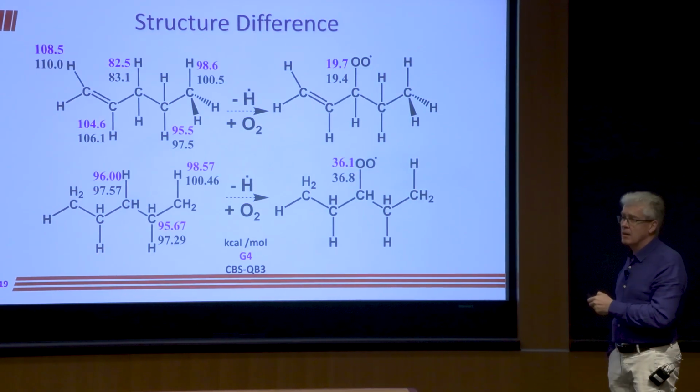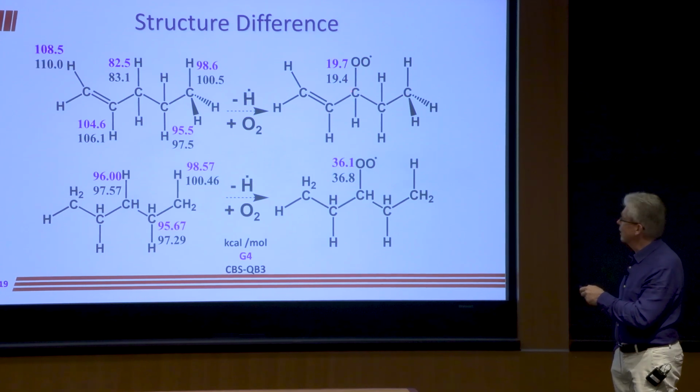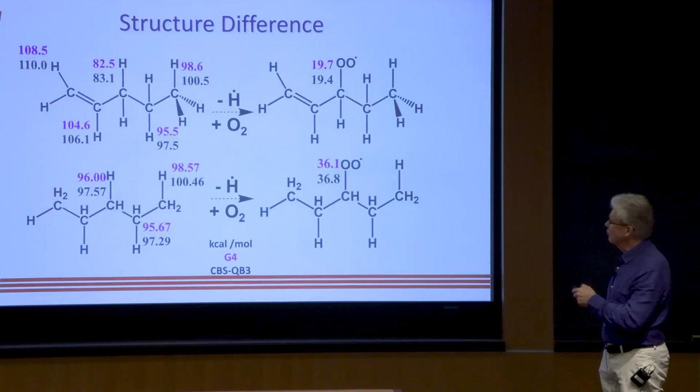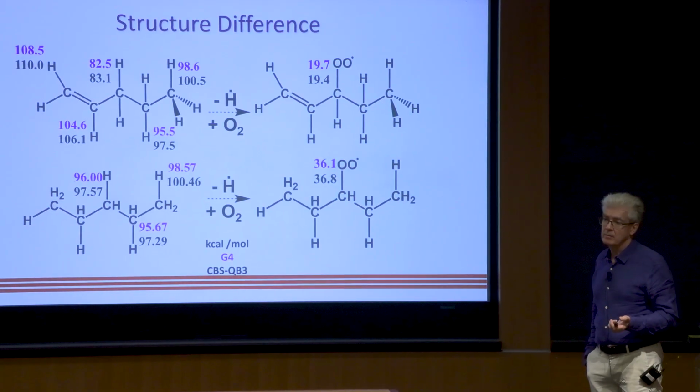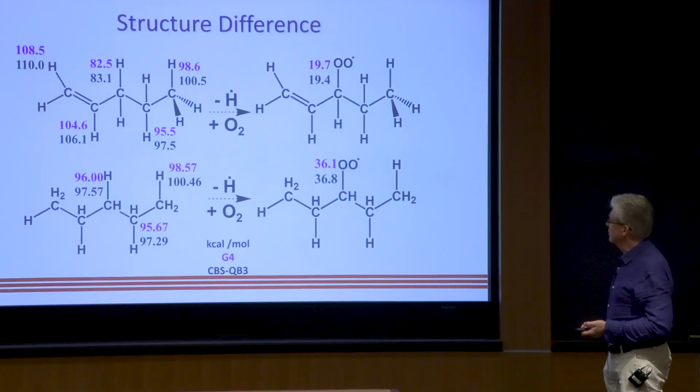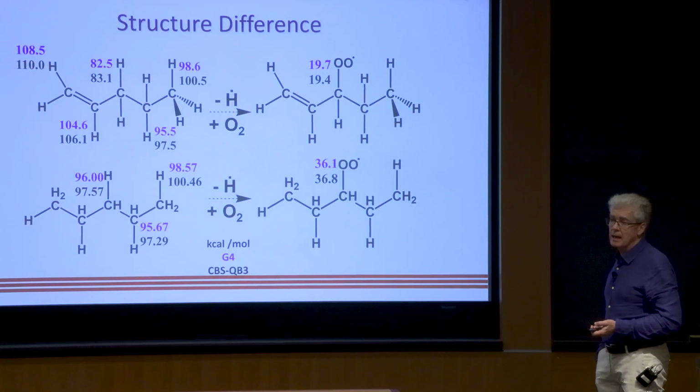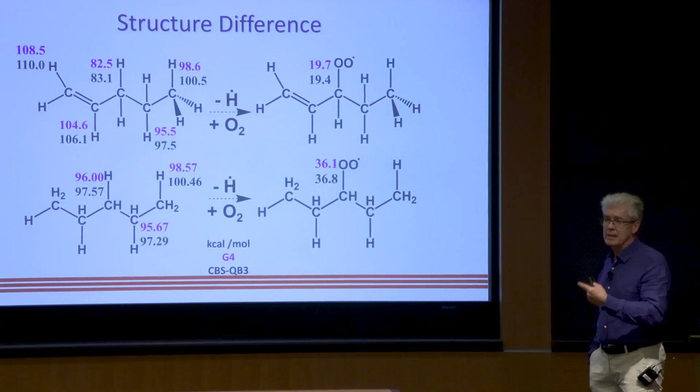But in the case of the allylic radical, and then you get this allylic peroxy radical, the well depth is only at most 19.7. Okay, so again, there's that 17 kilocalorie per mole difference in well depth.